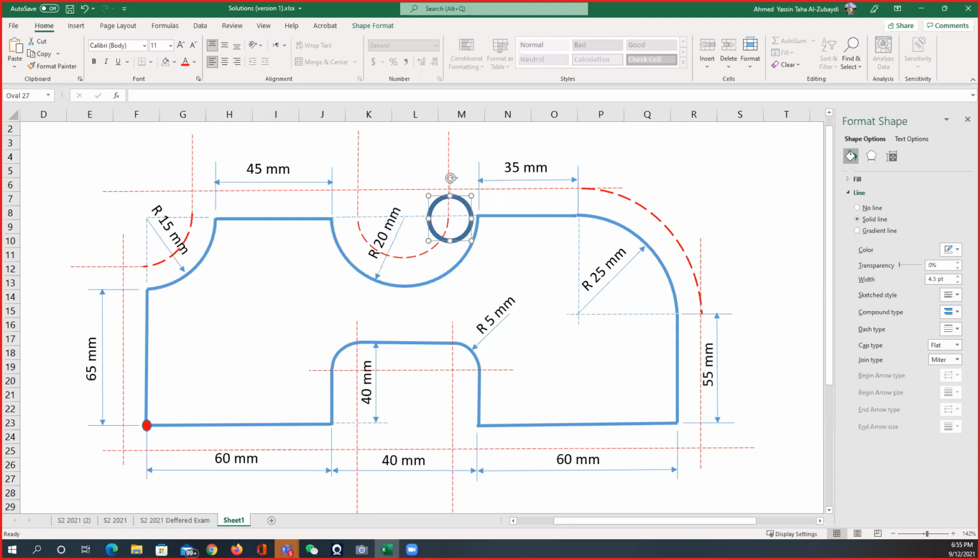It's telling me that the time is about to be over, it doesn't matter. We're going to almost finish on time. So you can see that the Y is going to be 80, but the X is going to be changed, which is going to be equal to 60 plus 40. This will make it 100 minus 5, which makes it 95. So the X is going to be equal to 95 and the Y is going to be equal to 80. And the radius of this arc is going to be 15.